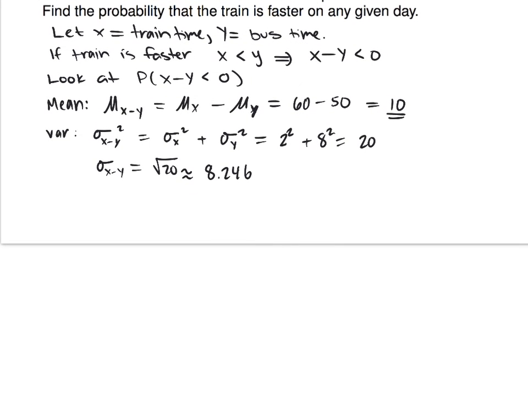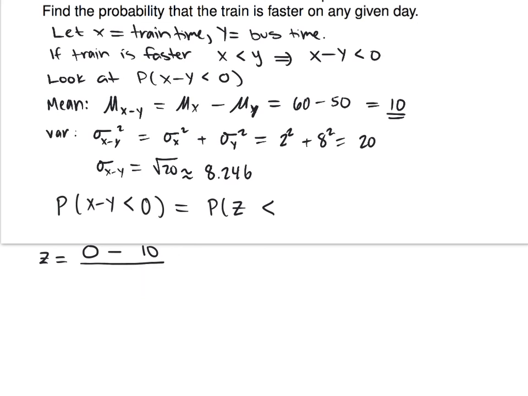Okay, and you're pretty much ready to go now. So the probability that x minus y is less than 0 equals the probability that some z is less than something. So find your z-score. So this time your x value is 0. Your mean is 10.